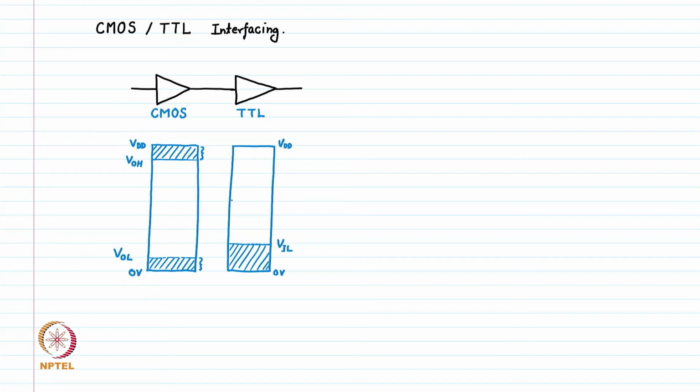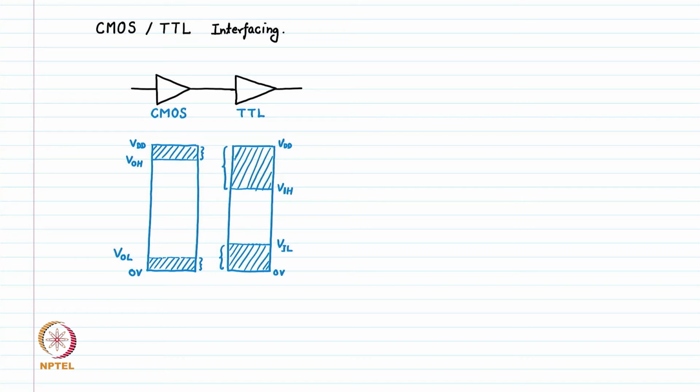So the VIH level is, let us say for example, up to this point. For a TTL, let us say VIH is at this point. So VOL, VOH for a CMOS are symmetrical. However, for VIL, VIH for a TTL, these are not symmetrical. This is, let us say, smaller, and this is the larger one.